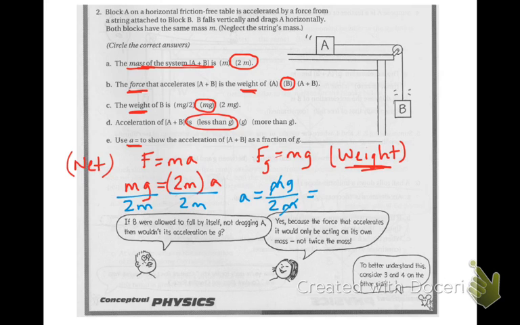Cross off m. So our acceleration is g over 2. So yes, our acceleration is less than g, slightly less, exactly half of g. So our acceleration is equal to g over 2.